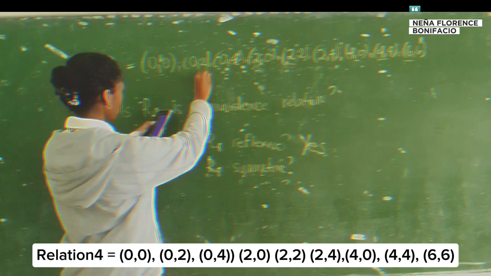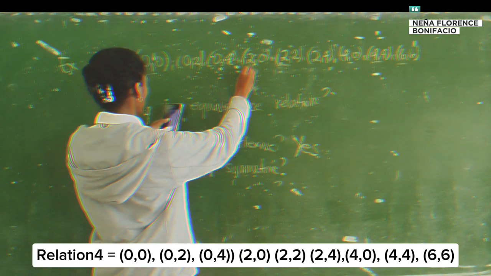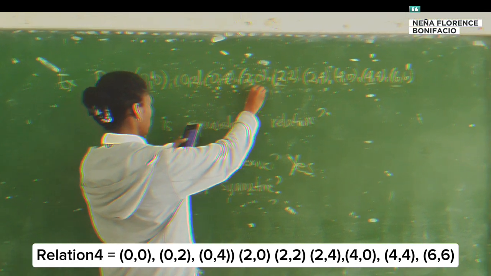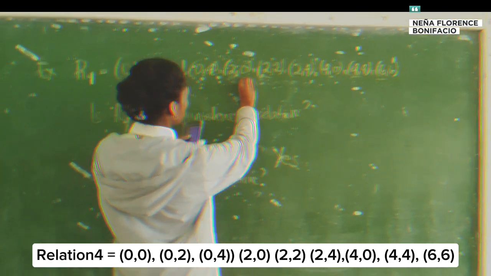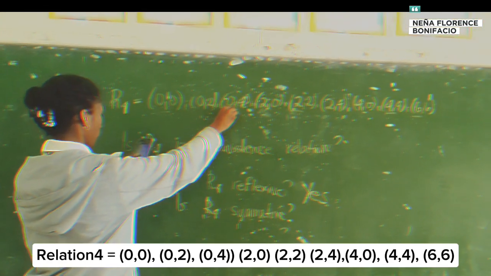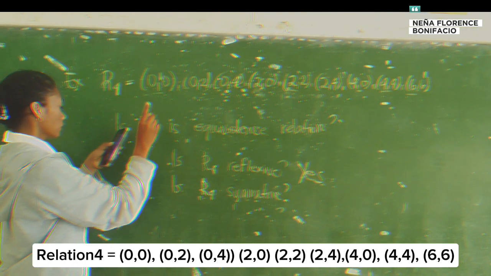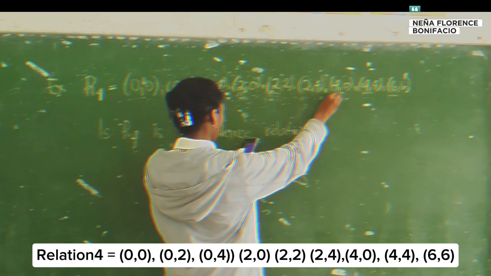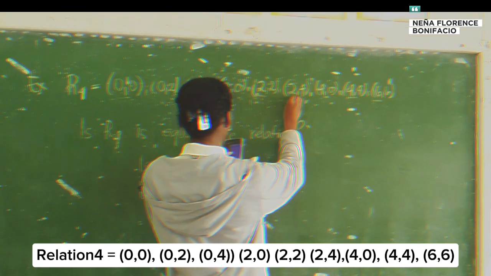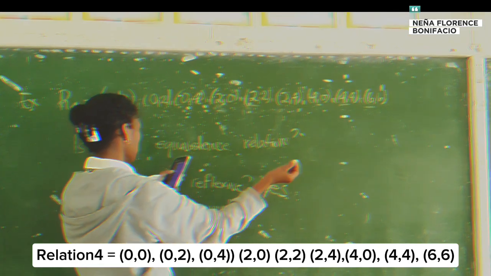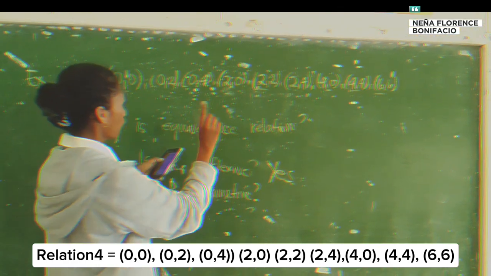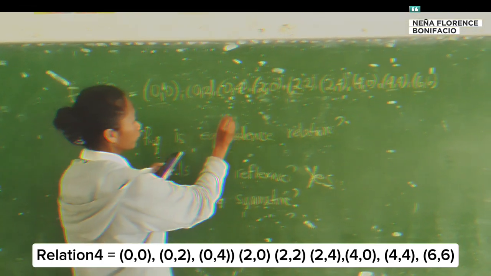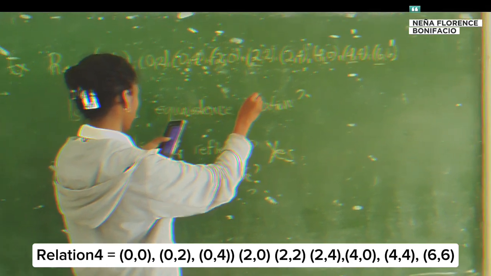We have (0,2), so there must be a (2,0), and for (0,4) we have (4,0). For (2,4), there must be a (4,2), but there is no (4,2) in the ordered pairs.